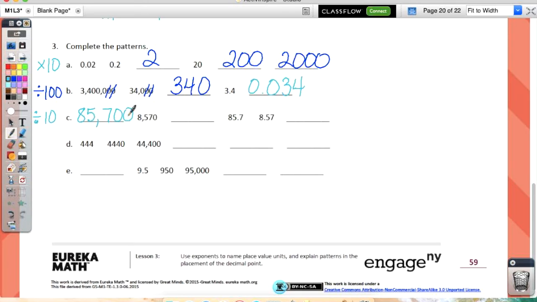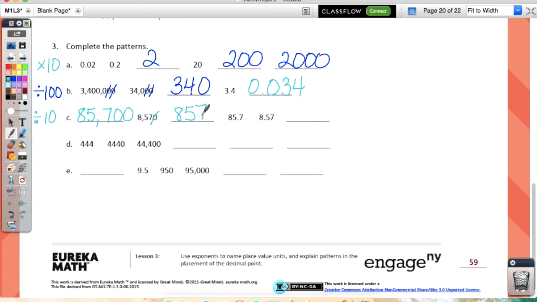All right, so now we've got to figure out what the next one is divided by 10. How about you, Micah? What trick do you think I'm going to use for divided by 10 here on 8,570? 0. I agree. How many zeros will I cross off? 1. So this is 857. Okay?